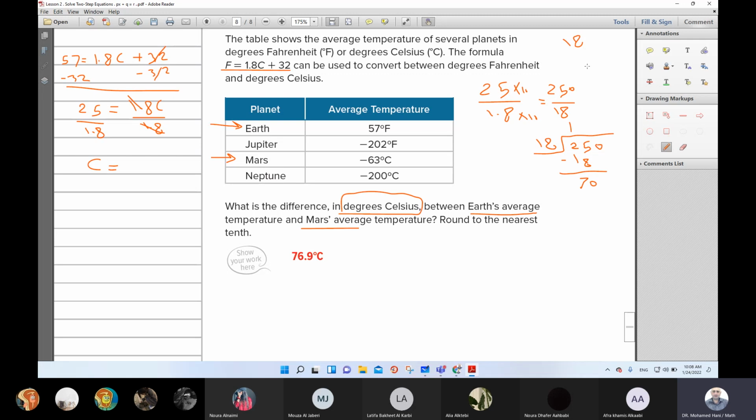If you try 4, 4 times 18 is 72, which is greater. So try 3. 3 times 18 is 54. Then subtract: 70 minus 54 is 16. You can continue with a point and put a 0.